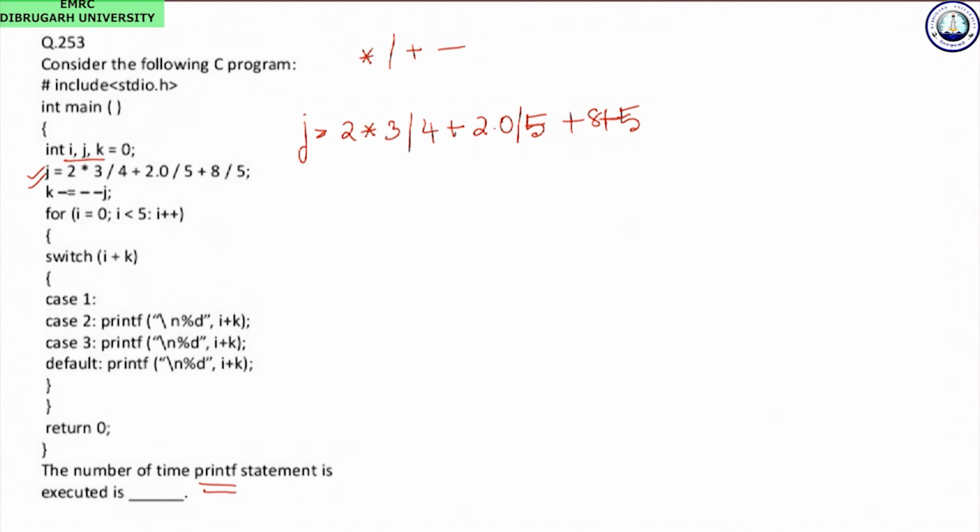Plus is less preferred than multiplication and division. Both of these have the same preference, but we go from left to right, whichever operator you get first. So here this multiplication will be more preferred, so 2 into 3, 6 will be done first.